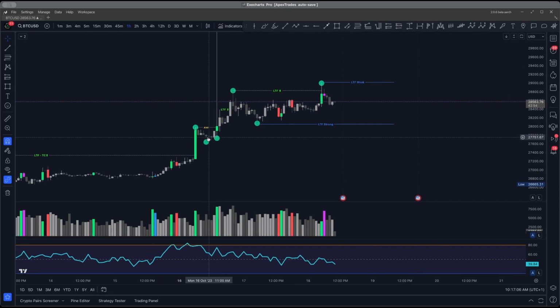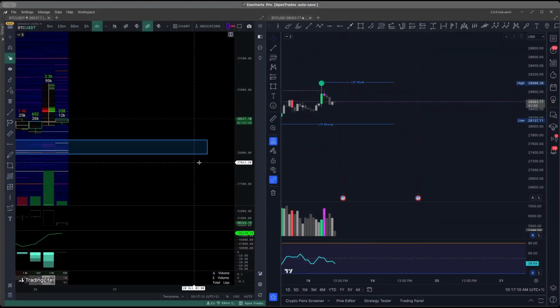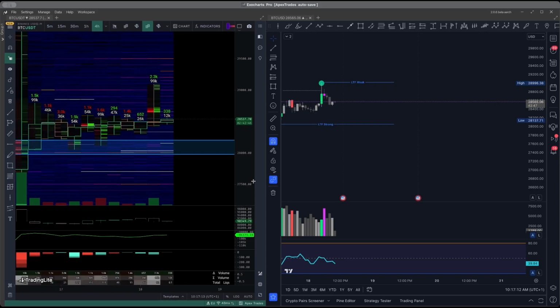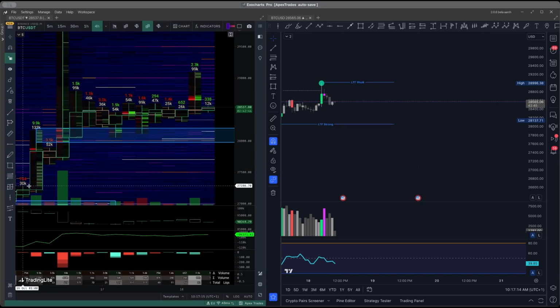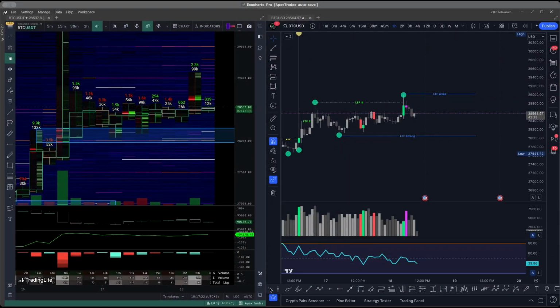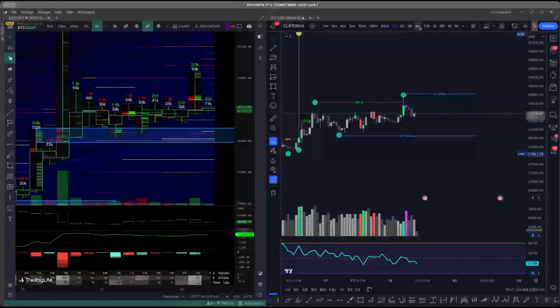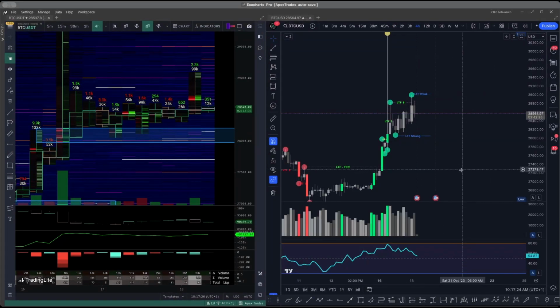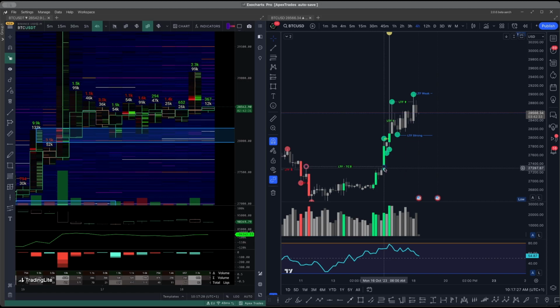Where, relative to here, if I map this, what are we looking at? That is that candle there. What are we on? We're on the 4 hour here, right? So I want to just move that out the way. I want to move that to the 4 hour, and it was the candle, not this candle. Oh yeah, it was that candle, right?